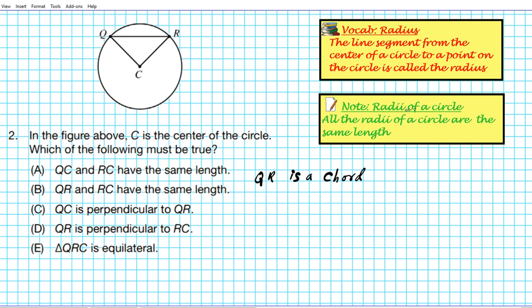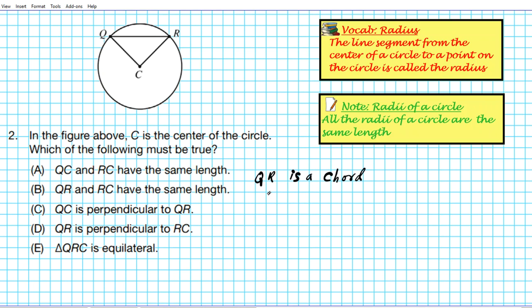So one thing to note about the radii of a circle is that you have an infinite number of radii on a circle. The word radii is basically the plural for radius. There is no such thing as radiuses. You could call it radii. So all the radii of a circle are of the same length because the distance from the center to a point on the circle is equidistant. That's basically how a circle is formed.